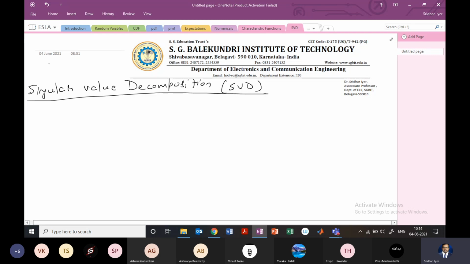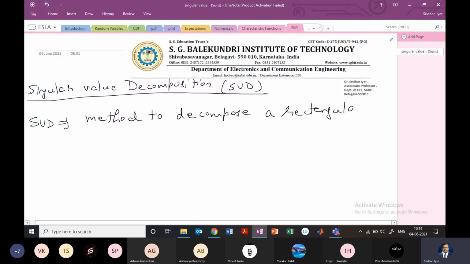Okay. So very quickly, the theory part on what this SVD is, what the properties are, and what the steps are, but we'll completely understand when we solve a numerical. So what is this SVD? Singular value decomposition is a method to decompose a rectangular matrix into three matrices.